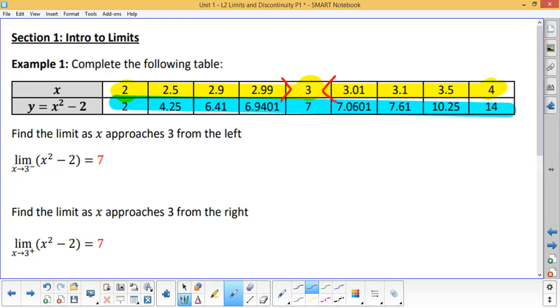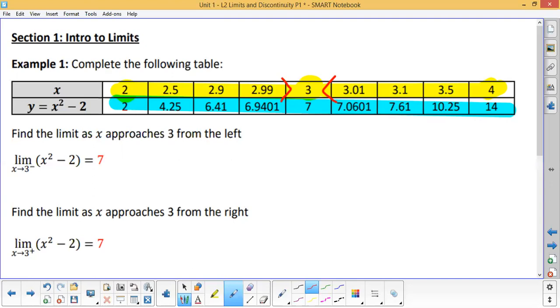And you can see in both cases, when I'm approaching from the left, so I go 2.5, 2.9, 2.99, I'm trying to get as close as possible to 3 without touching 3. You can see that my y values are approaching 7. And as I approach 3 from the right, my y values are also approaching 7.